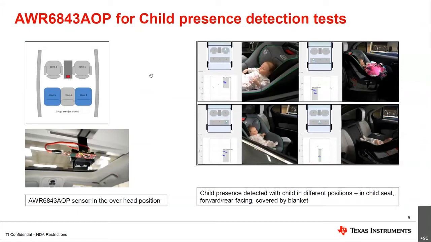And then what we can see here is that, again, using that child doll that I was talking about earlier for simulated motion of a child breathing, we tested the positioning of the child in various different positions within the car. And you can see here the point cloud I was talking about, where the sensor is able to detect that motion and generate a point cloud that localizes where that motion is within the vehicle.